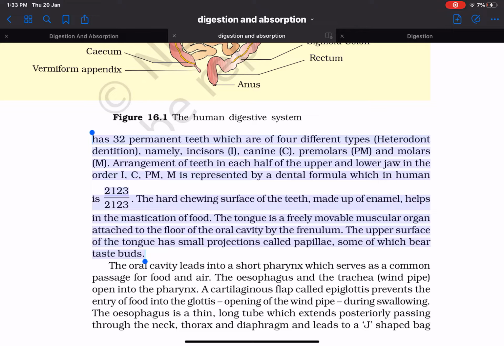The hard chewing surface of the teeth, made up of enamel, helps in the mastication of food.